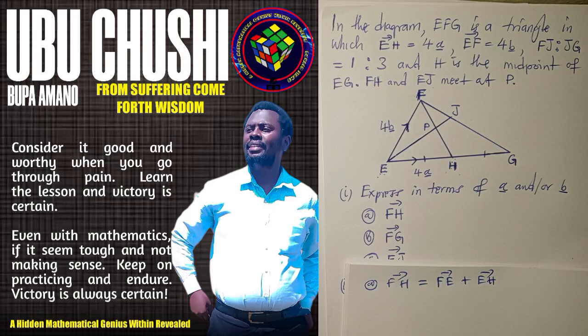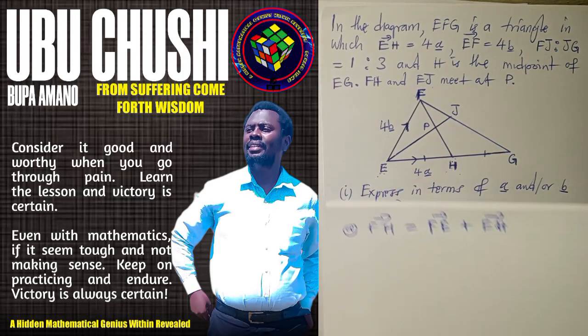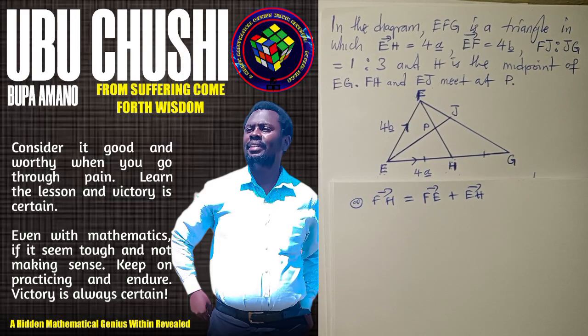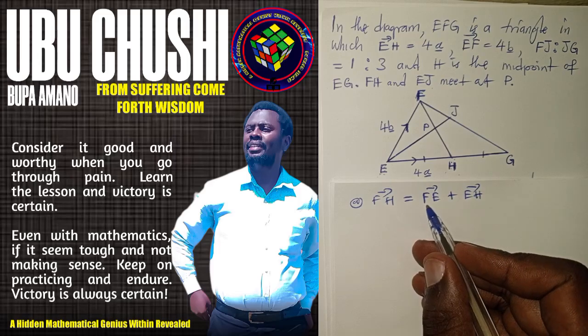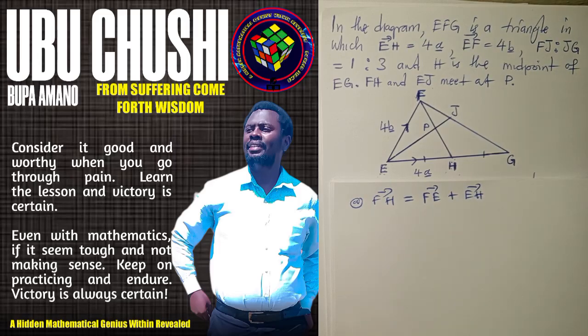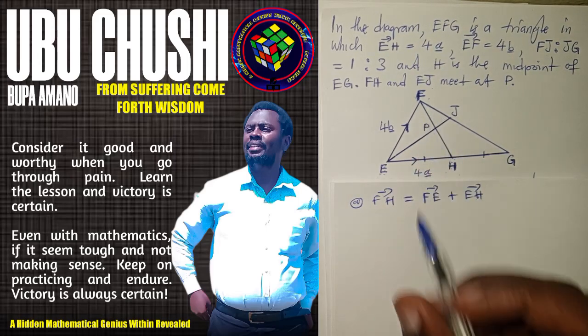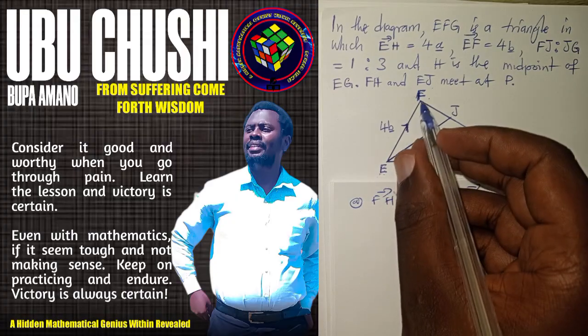Now if you look at this, FE is the opposite of EF. The normal route should be EF.